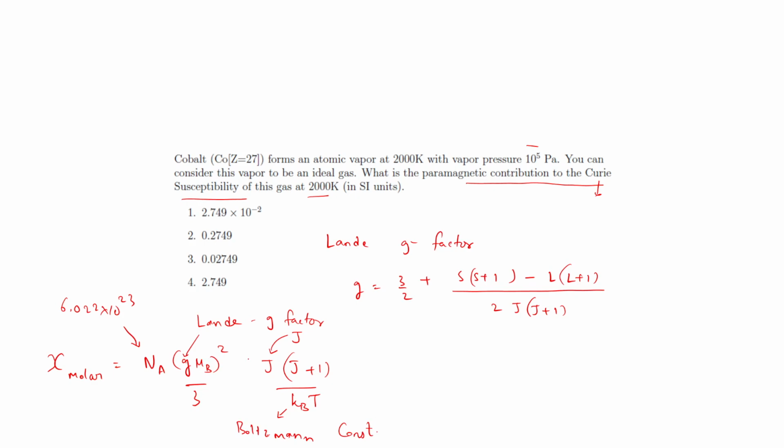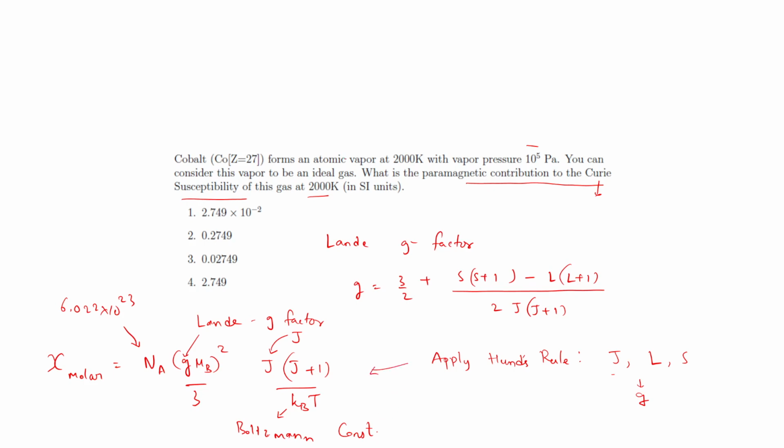All you need to do is to find this G and this J. To find these, you have to apply Hund's rule, find J, L and S, and when you know them, you can get G and put it in this formula.